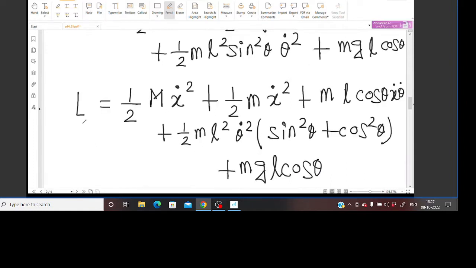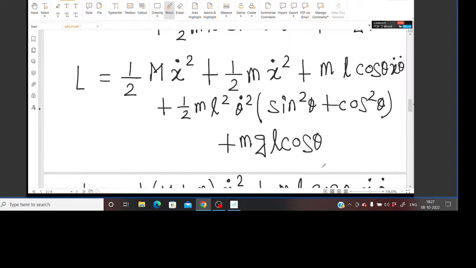After some simplification, this Lagrangian L can be written as half into M into x dot square plus half into m into x dot square plus ml cos theta into x dot into theta dot plus half into m into L square into theta dot square into sin square theta plus cos square theta plus mgl cos theta.